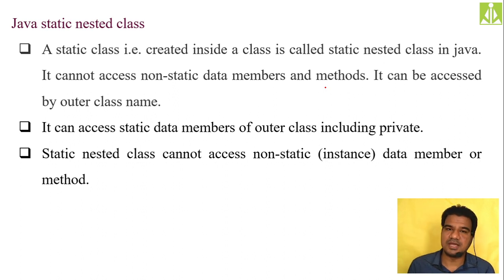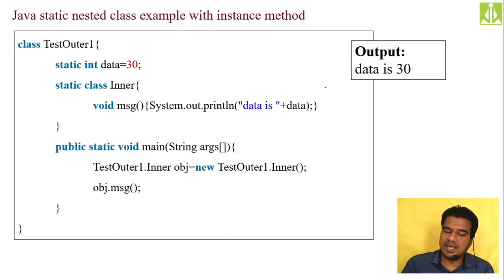We know it many times. So this is the example. We have the outer class and we have one static data member and we have the static nested class. In this static nested class, I am keeping one message. Then how we are creating the object: we are dependent on the outer class name. We are not dependent on the outer class object. Nowhere are we creating the outer class object over here.